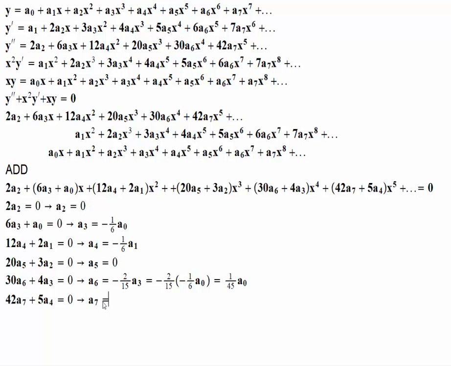So a7 is negative, it will be 5 over 42. All right, so 5 over 42 times a sub 4. And now if you look at a sub 4, what we got is a sub 4 is negative 1 over 6 times a sub 0.